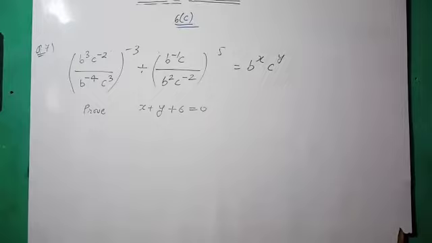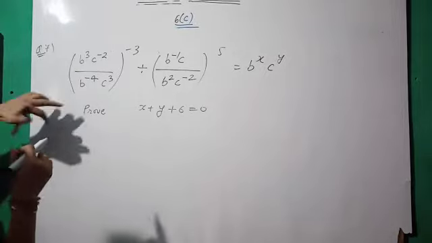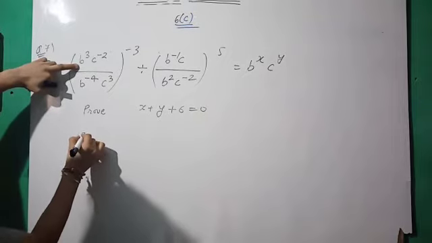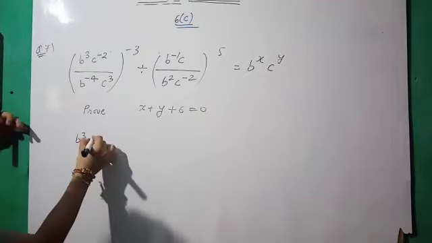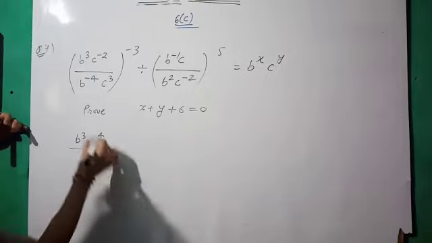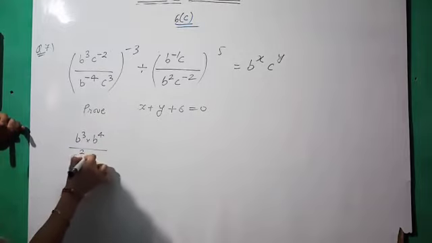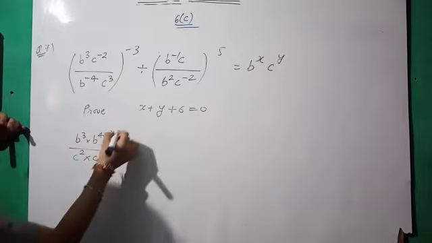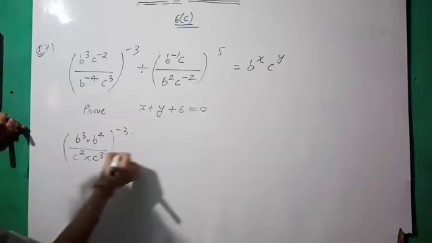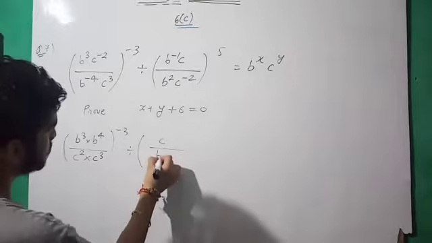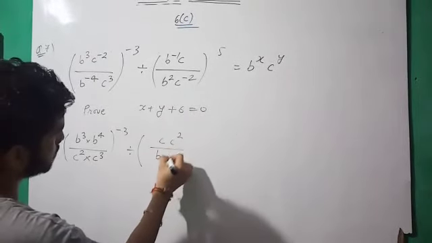Okay students, easy question, because we just have to convert the powers to positive. b cube, b to the power 4, denominator to numerator, numerator to denominator, c square, c cube to the power minus 3 divided by c upon b and c square upon b square.